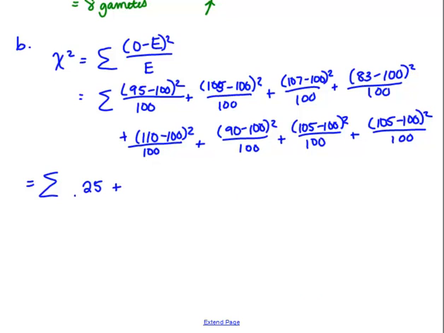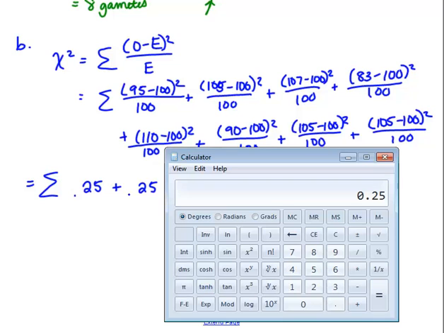For the next one, 105 minus 100 is 5, squared is 25, over 100 is 0.25. 107 minus 100 is 7, squared is 49, out of 100 is 0.49. Then 83 minus 100 is negative 17. Squared is 289, and divided by 100, you get 2.89.